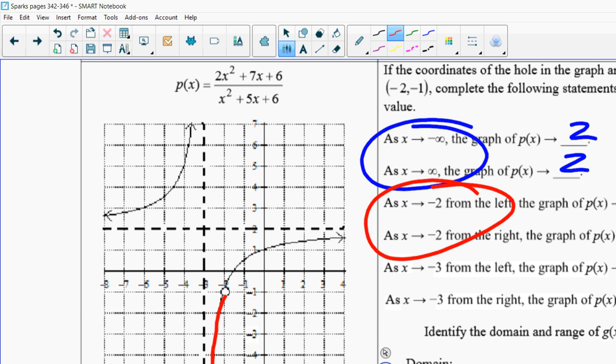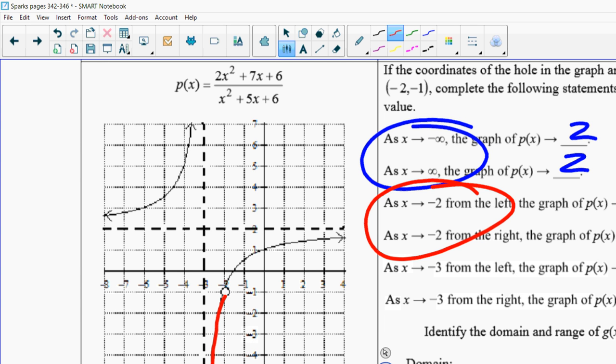As x approaches -3 from the left, when, as x approaches -3 from both sides, we go to positive or negative infinity, what did we just find? Vertical asymptote. Question.